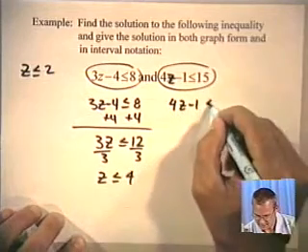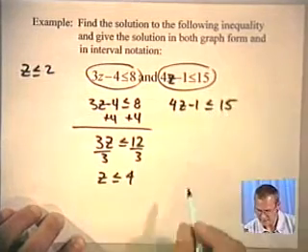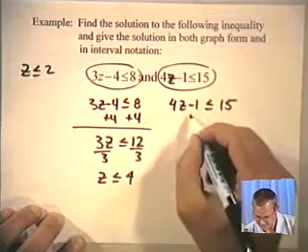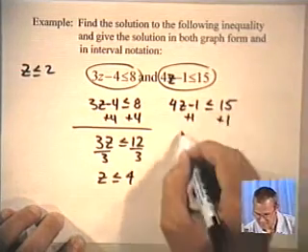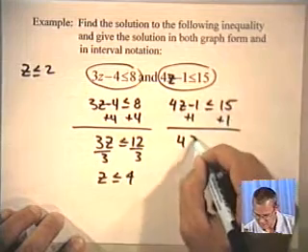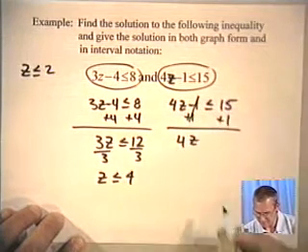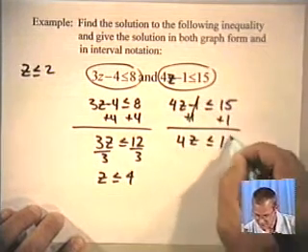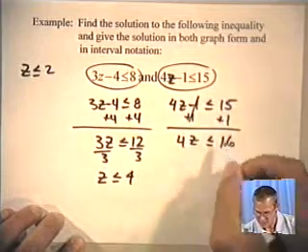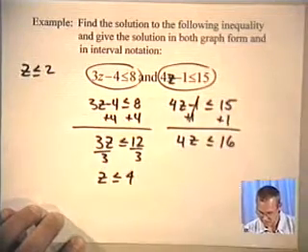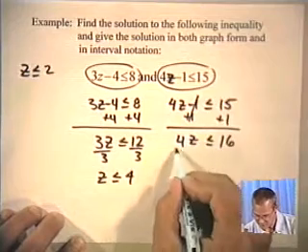4z minus 1 less than or equal to 15. Again, we want to isolate the z, so I'll add 1 to both sides. My 1's cancel. Again, the direction of the inequality is not affected since I'm adding. And now to solve for z, I'll divide by 4.